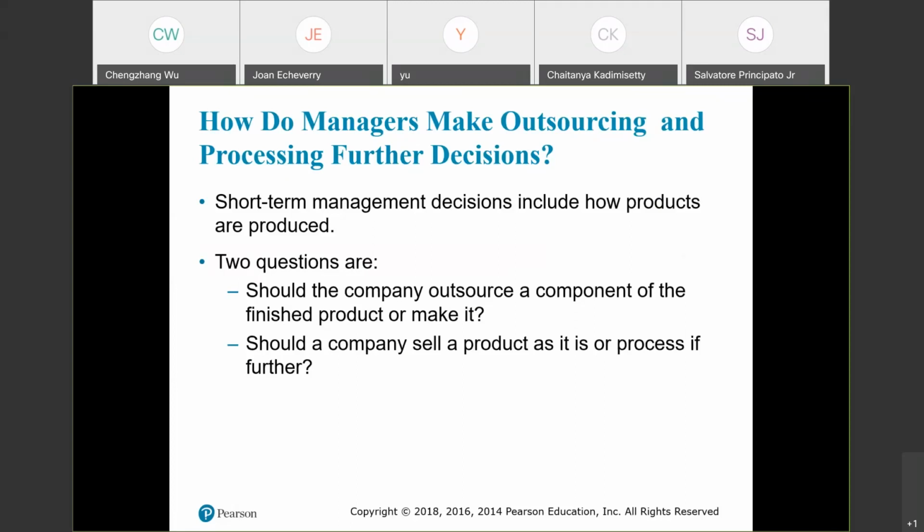Smart Touch Learning Company is deciding whether to make the casing for its tablet computers in-house or to outsource to another company, which is a company that specializes in producing casings for computers.